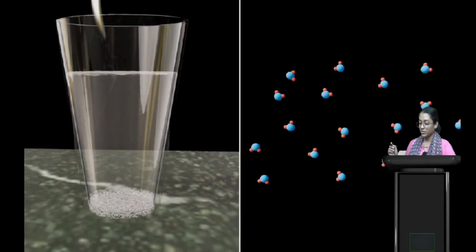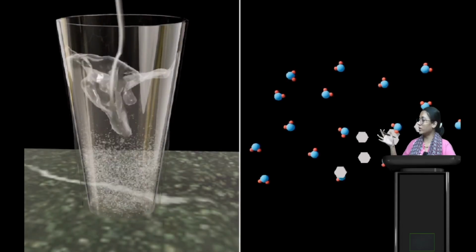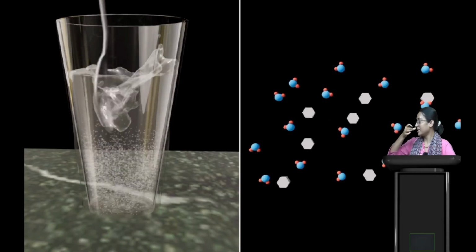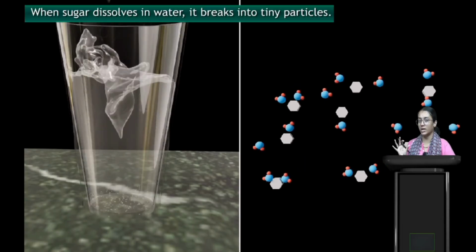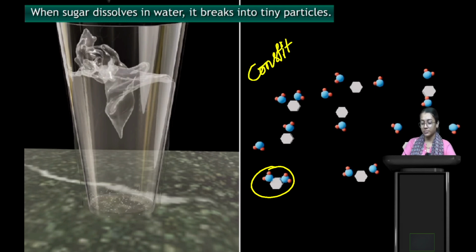Whenever we add sugar into water and start to stir, the small molecules of sugar get detached from each other and start to bind with water molecules. In this case, when sugar dissolves in water, it breaks into tiny particles, the thing which we know as constituent particles.